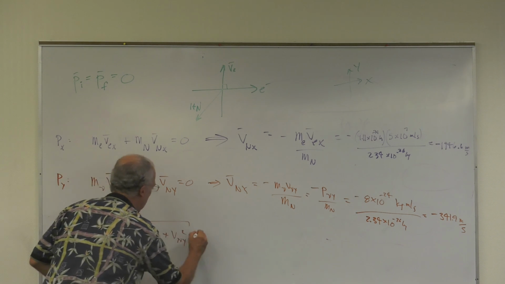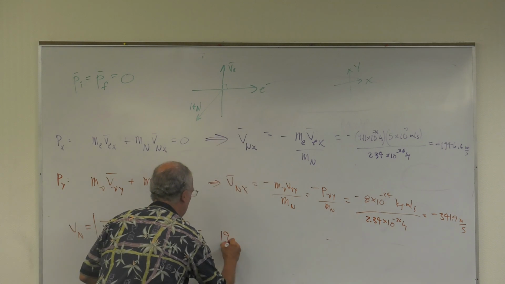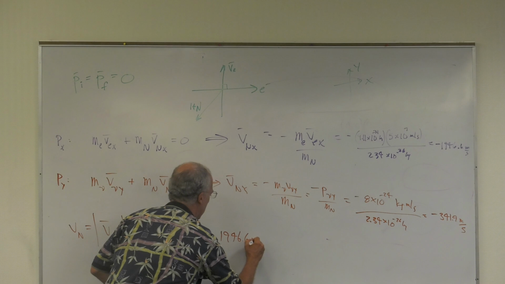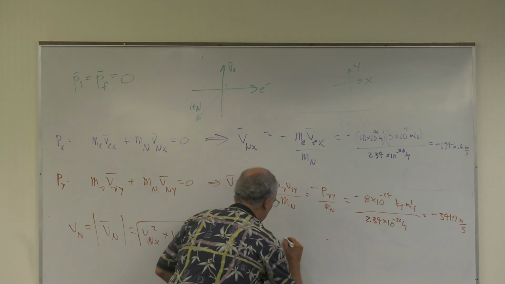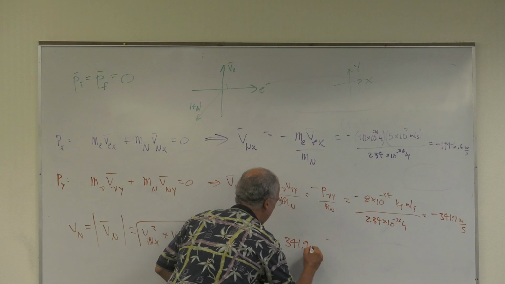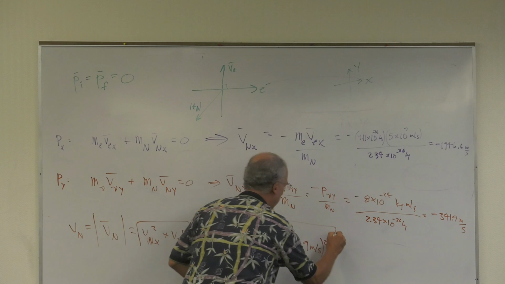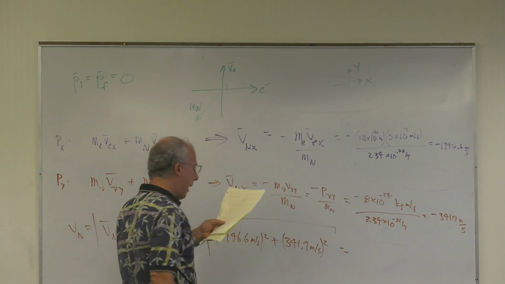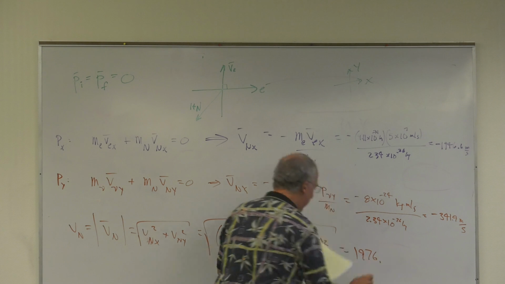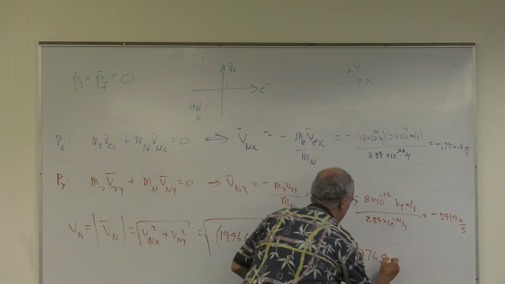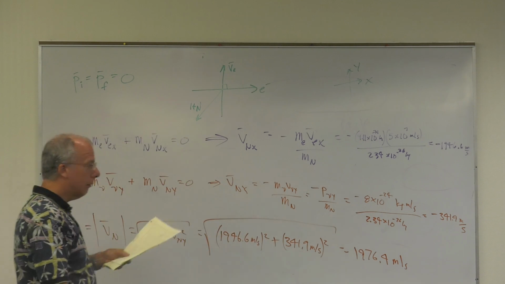So it's 1946.6 meters per second squared plus 341.9 meters per second squared, square root of. You do that, you get 1976.4 meters per second. There you go.